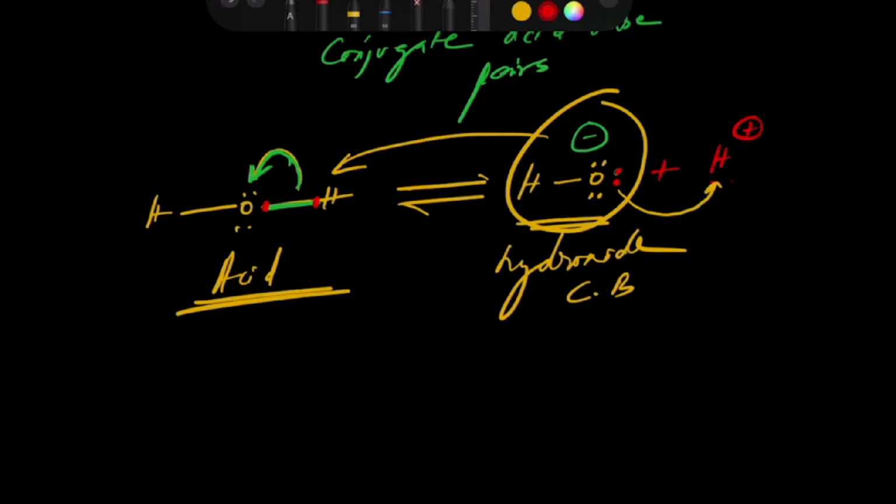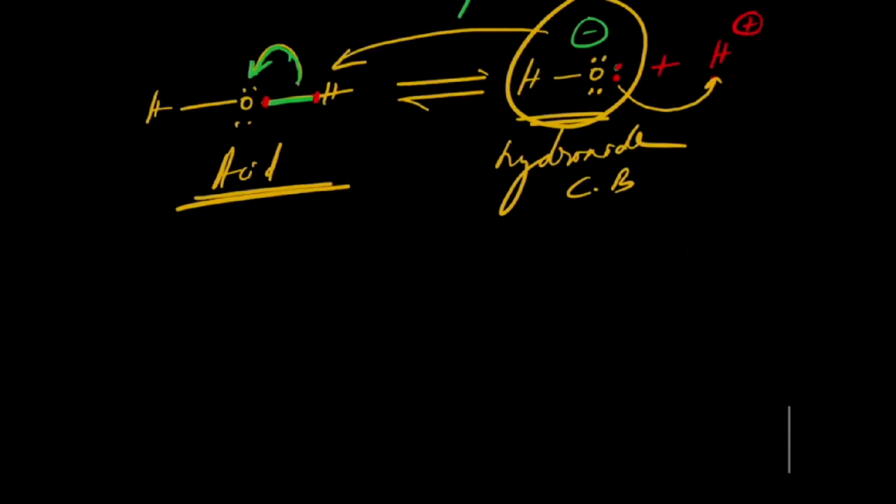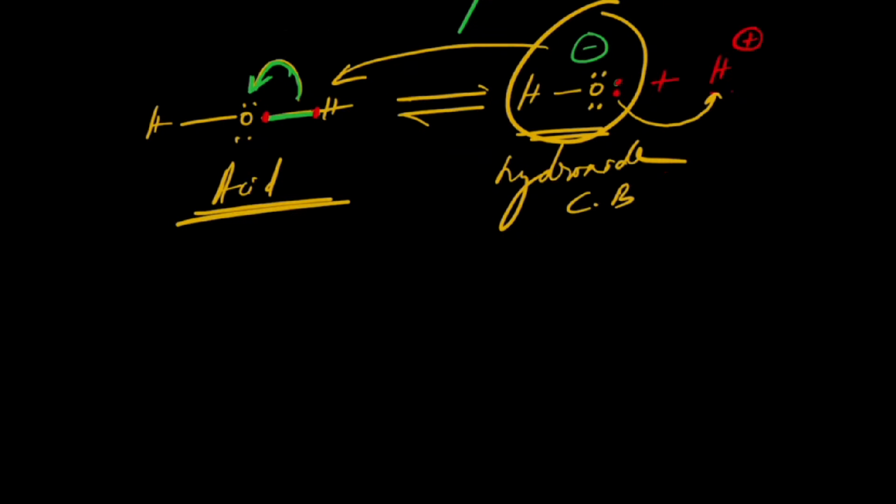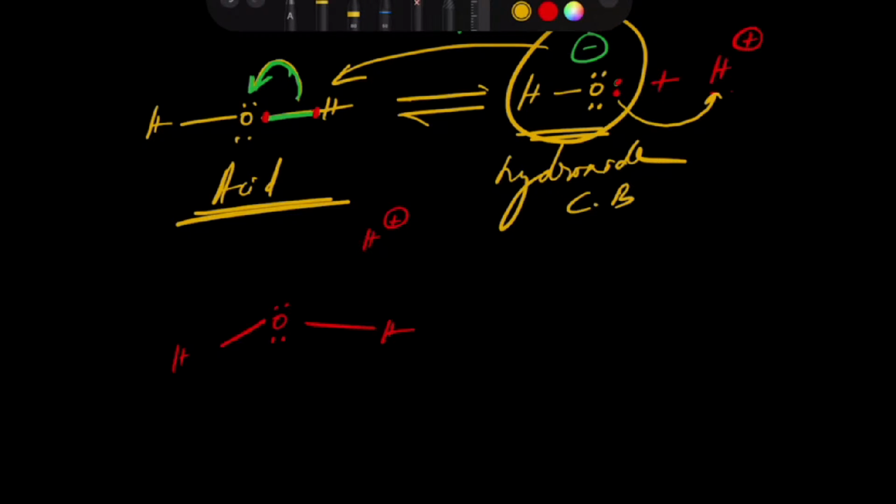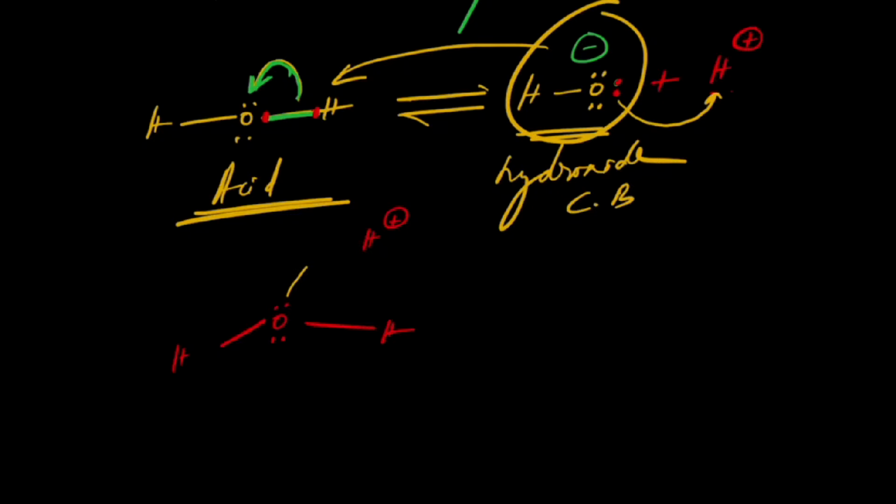One more example. Now water can not only act like an acid, but it can also act like a base. Let me tell you what I'm talking about. So this is your water molecule, and if there is a proton, or if the pH of water is less than 7, that means if water is acidic, okay, if there are so many protons in the vicinity, what water can do is offer this lone pair to this proton and form a bond.